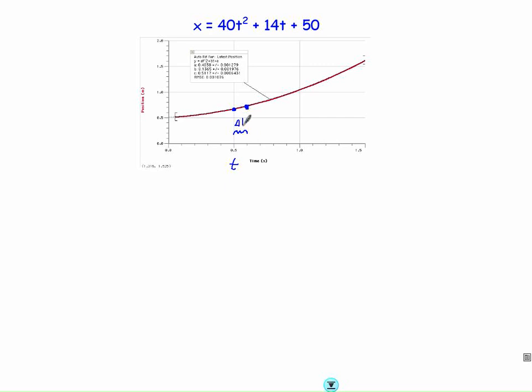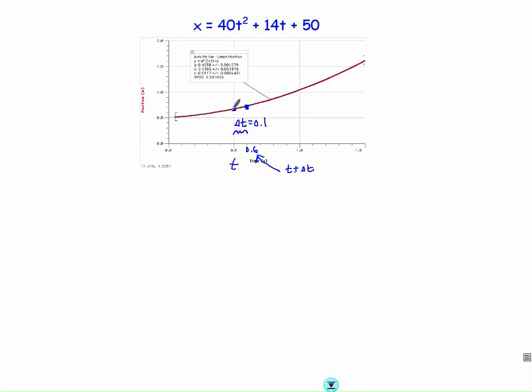It's delta t. So between 0.5 and 0.6 is 0.1. We can just call that delta t. That means that we could call 0.6 t plus delta t. In our former example, it was 0.5 plus 0.1.